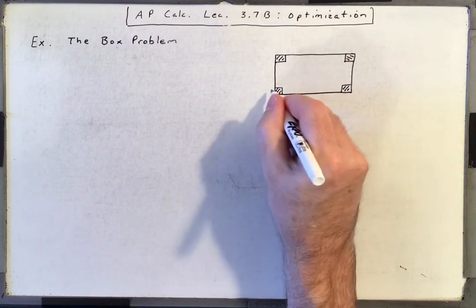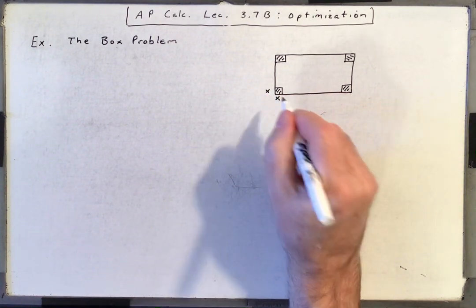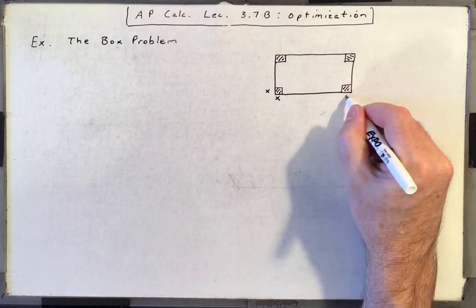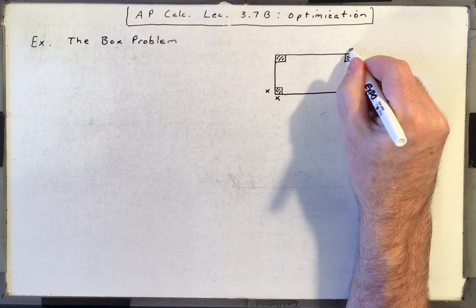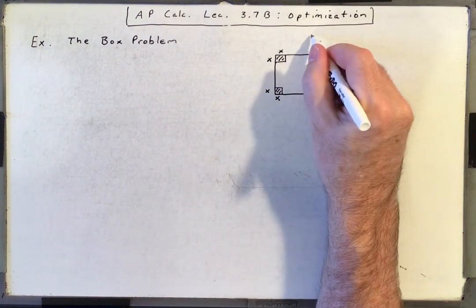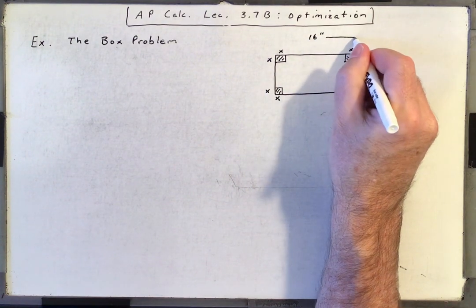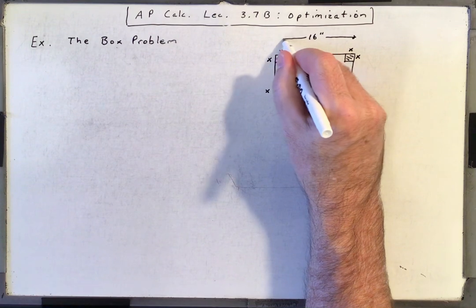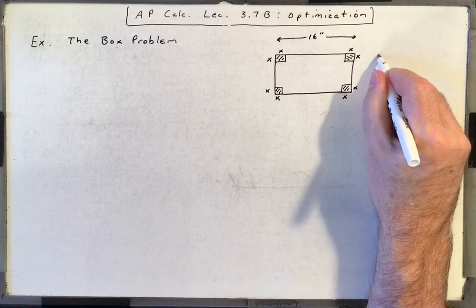And let's call the side of each square just x. Since it's a square, they're both the same, right? x, x. And we know the whole length is 16 inches this way, the long way, and 13 inches on the short side.